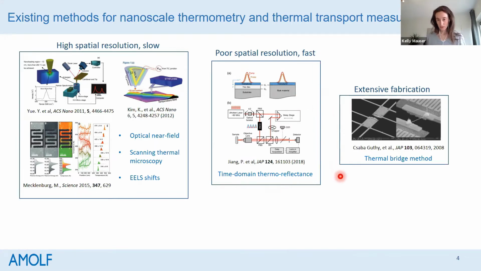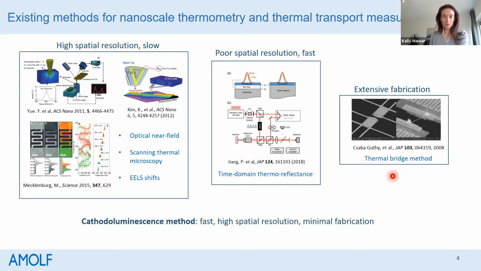Another method for measuring thermal conductivity of nanowires in particular is the thermal bridge method, which involves using resistive heaters and resistive thermometers to measure temperature fluctuations across this device. And this, of course, involves a lot of fabrication. So the method that I'm going to talk about, involving cathodoluminescence, is relatively fast, has pretty good spatial resolution, and involves pretty minimal fabrication.